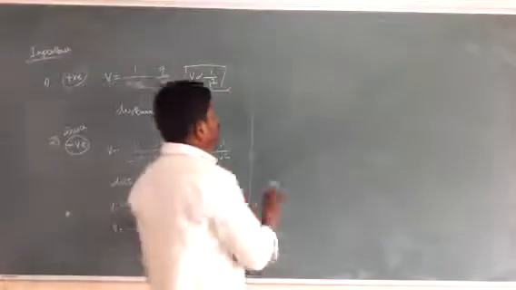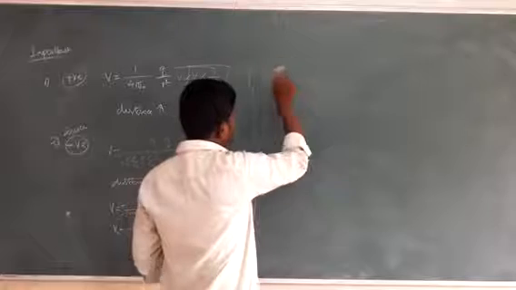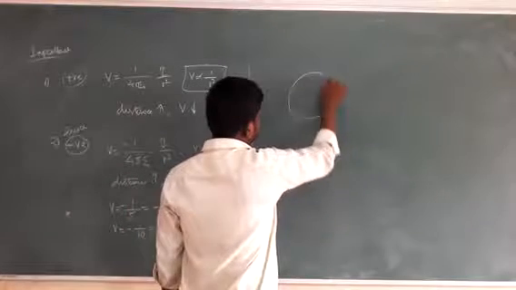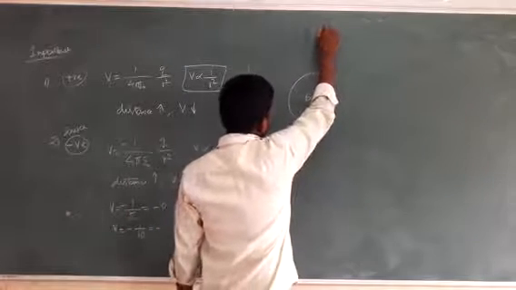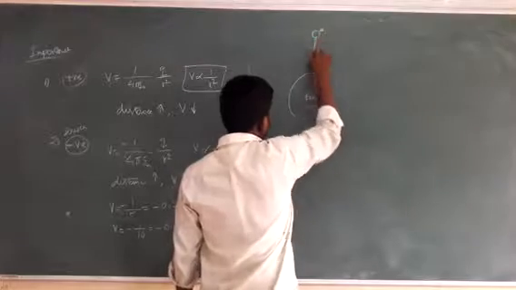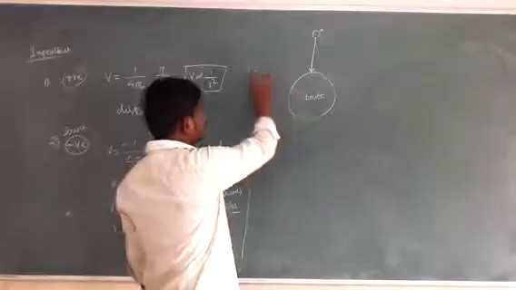The next, if it is a mass, gravitation, so consider Earth. A mass moves from higher potential to lower potential.